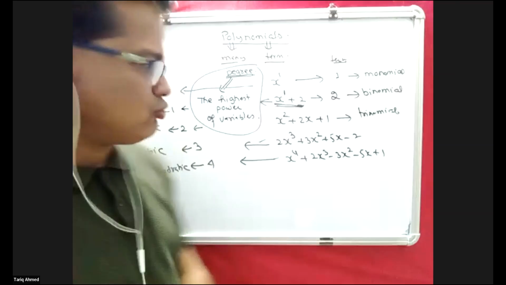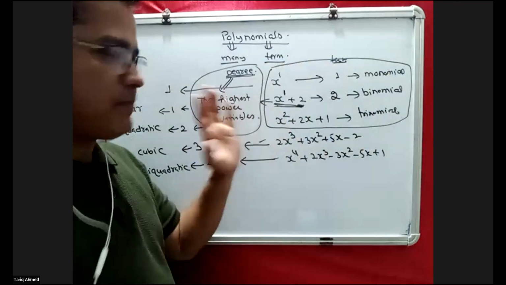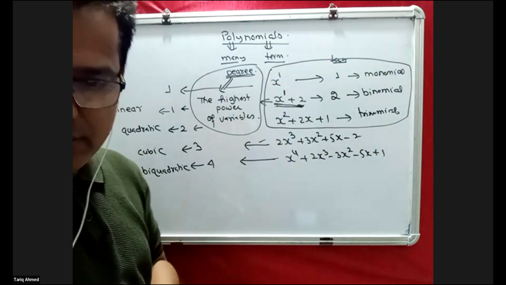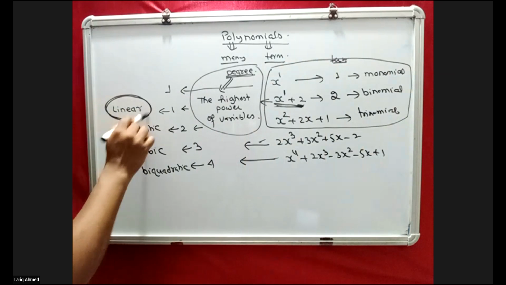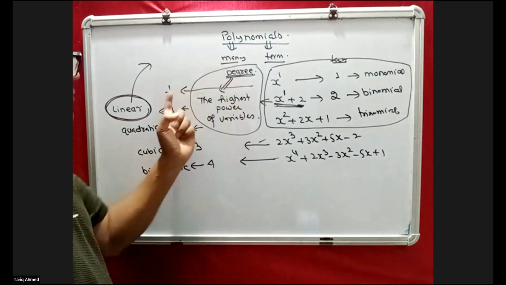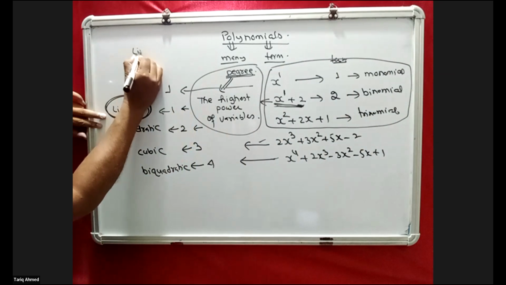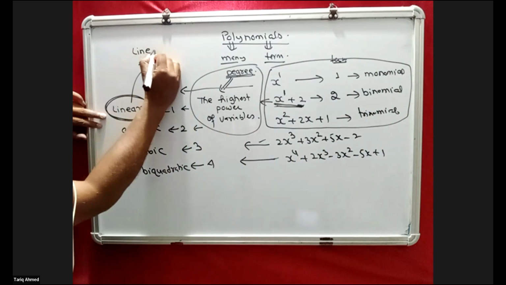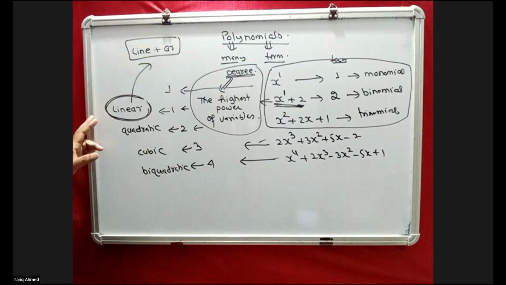In school, you will use maximum a quadratic polynomial, linear and quadratic only. Do you have an idea what is the meaning of linear term? Anyone? Single. Yes, single. Okay. See, when degree is 1, that is known as linear. Linear is derived from the word line. When you add AR to the line, you get the term linear.